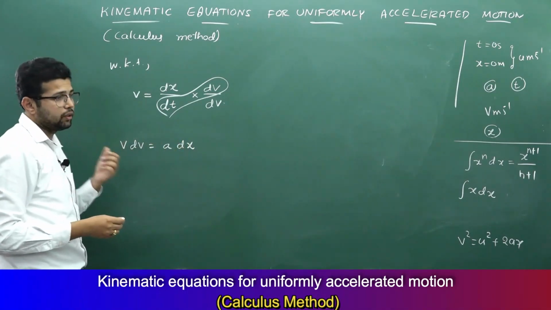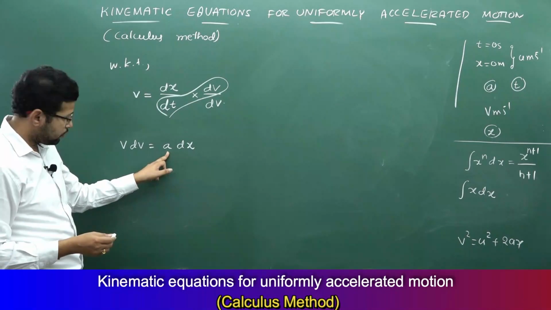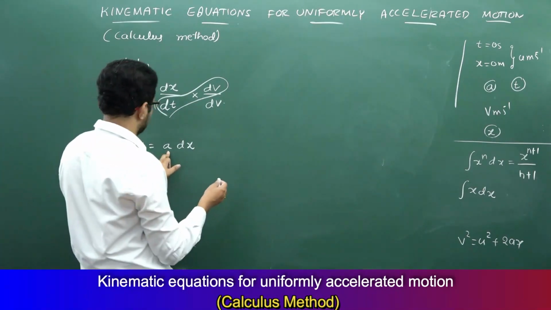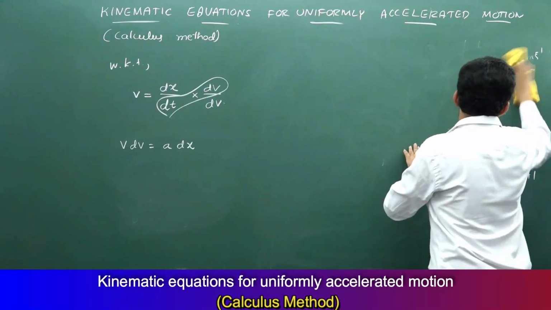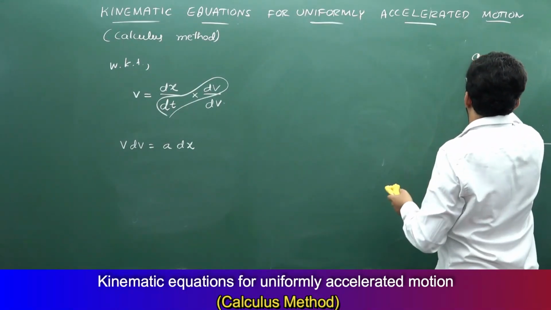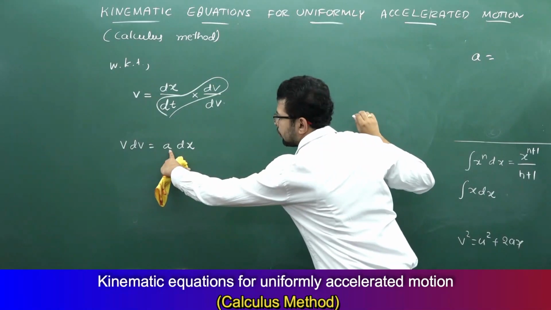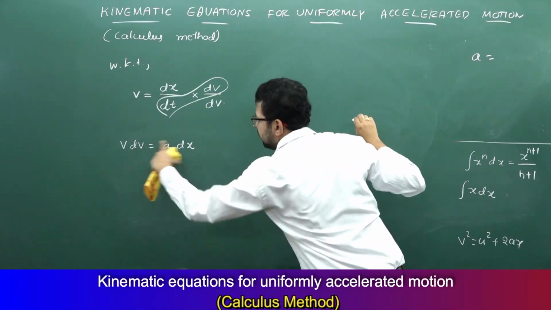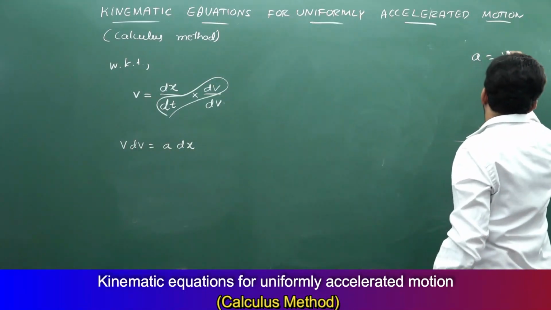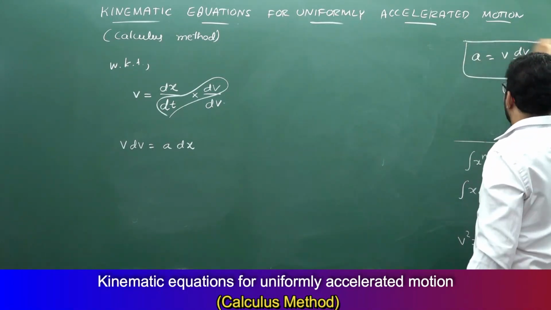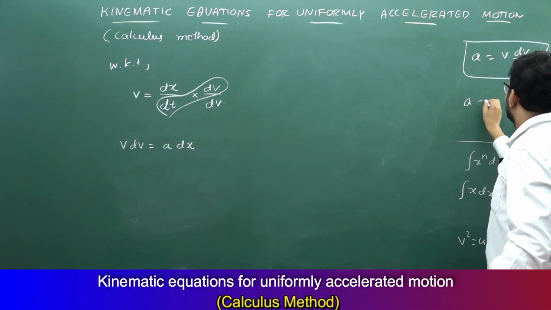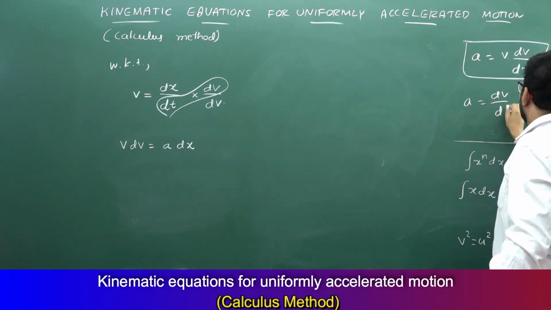Now, I got one equation for acceleration: acceleration is equal to v into dv by dx. This is one important equation. We know that acceleration is equal to dv by dt. What does it mean?